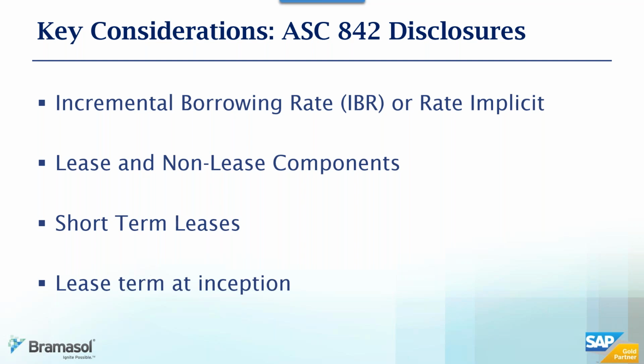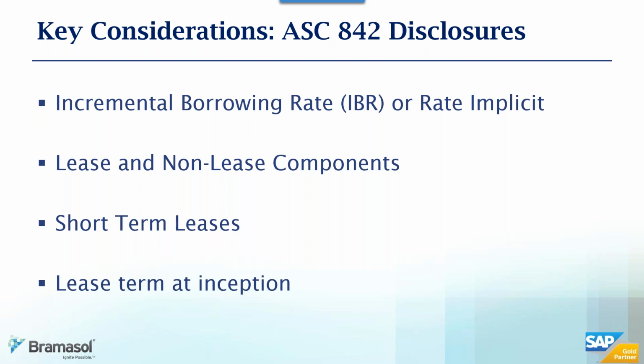Well, to answer that question and to give you some more insight, the guidance is quite clear. The first thing is the incremental borrowing rate has to be bifurcated based on the economic environment. What does that mean? That means that you can't use the same incremental borrowing rate in China or Argentina as you can in the US. The second piece of the incremental borrowing rate is the lease term. You have to use specific lease terms based on the life of the asset.